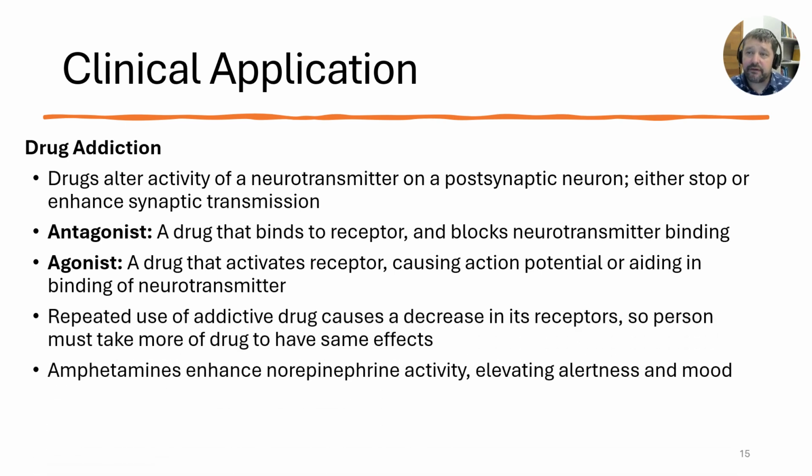When you repeatedly use certain drugs, you decrease their effect. You decrease their receptors, or you decrease how well they block things, or how well they activate receptors. Okay, so it causes the receptors to change.